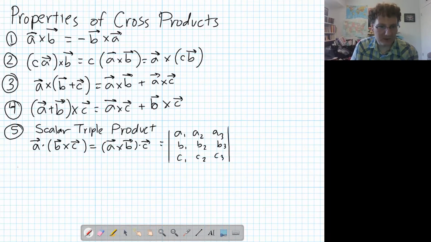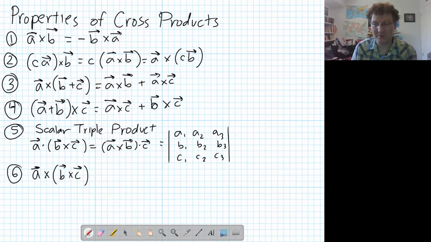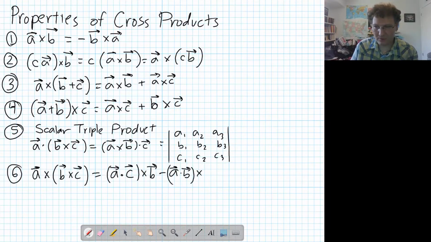And the last property I want to mention here is the cross product of three vectors. Because cross product gives you a vector, you can cross a vector with a cross product. This is a funny one.